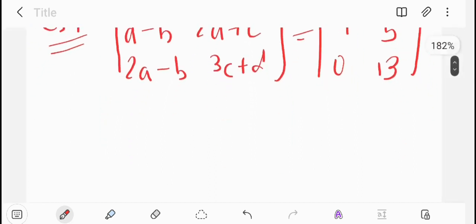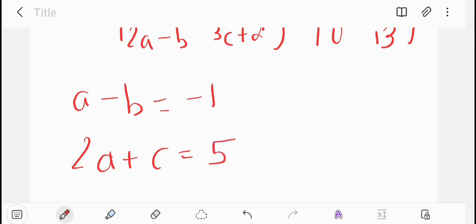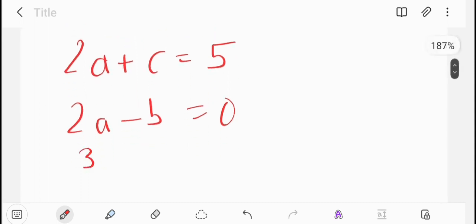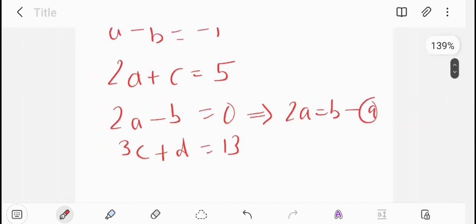Now equating the corresponding elements, what do we get? a minus b is equal to minus 1, 2a plus c is equal to 5, 2a minus b is equal to 0, and 3c plus d is equal to 13. From here what can we imply? We can imply that 2a is equal to b. Suppose I mark it as 1.